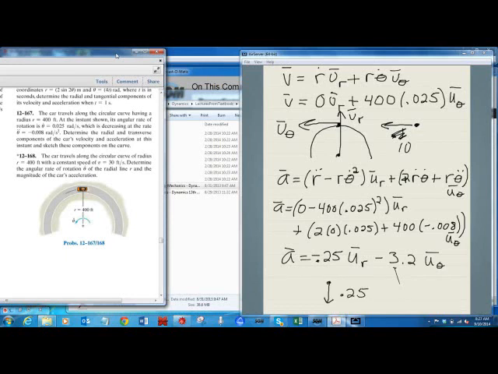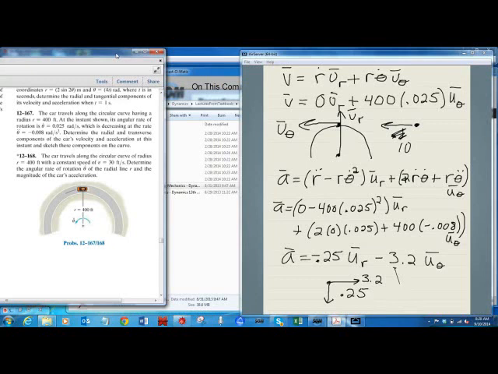The u theta component is negative 3.2, and negative means it goes to the right.